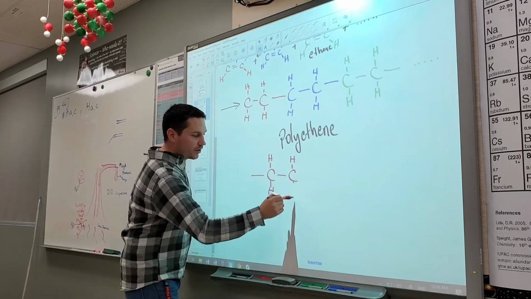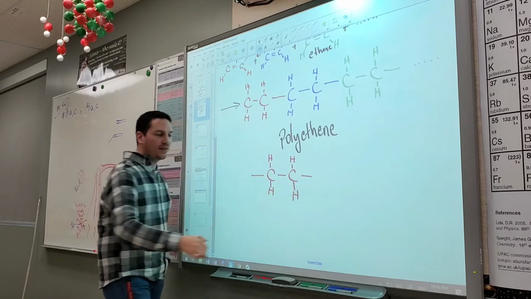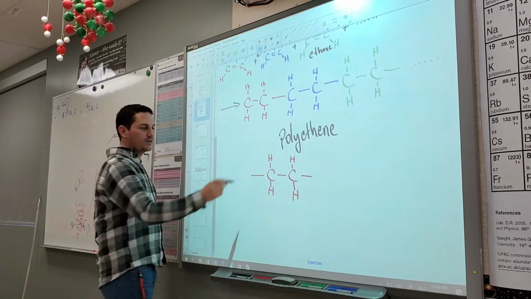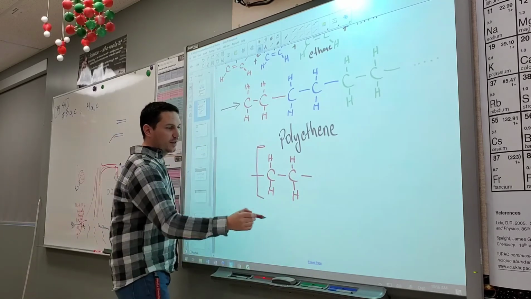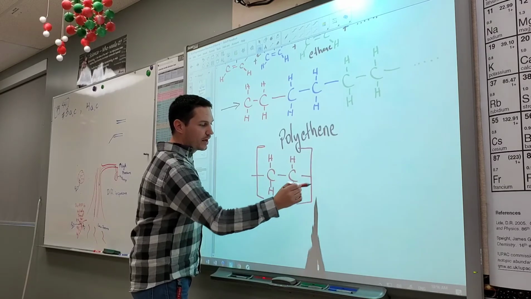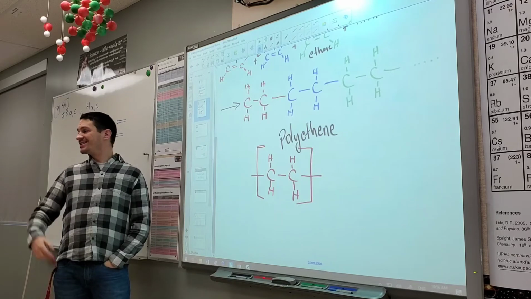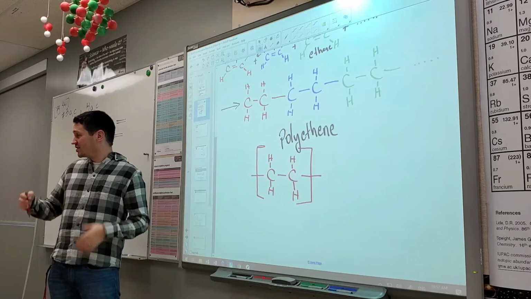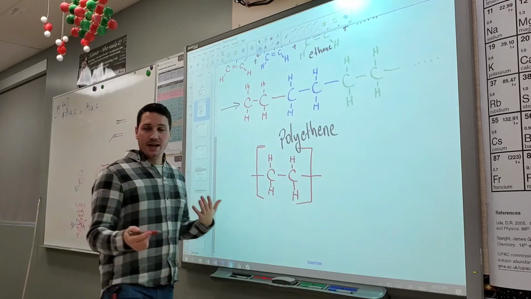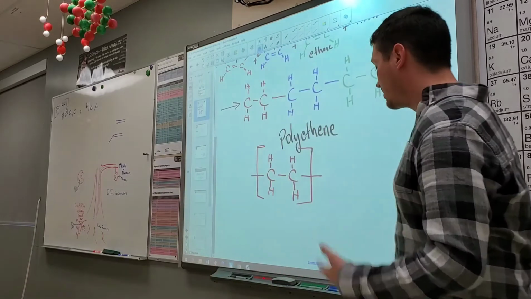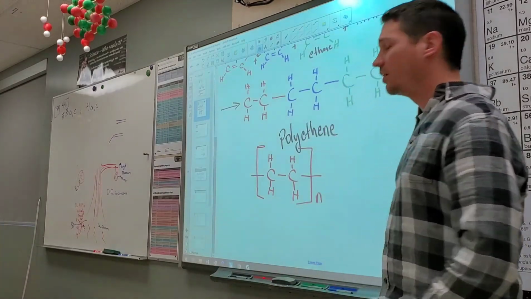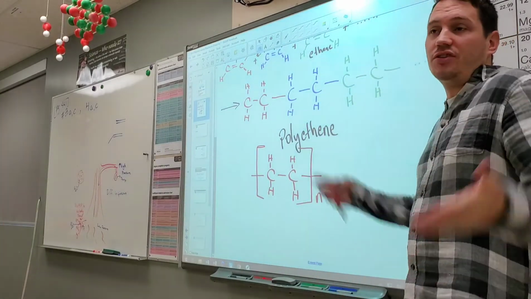So I'm going to draw those, and I'm going to draw that they're attached to something else, and I'm going to put square brackets around it. And I'm going to say that this is repeated, and often if we don't know how many times it's repeated, we just say n, a certain number of times.